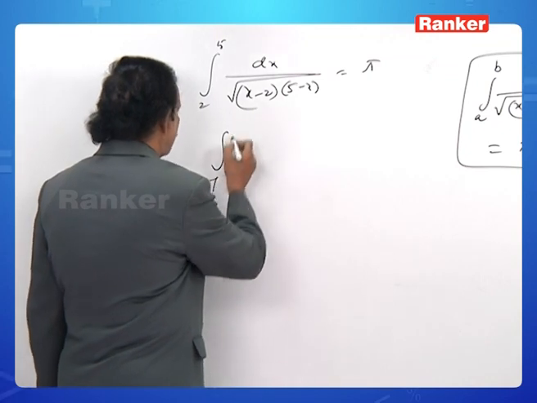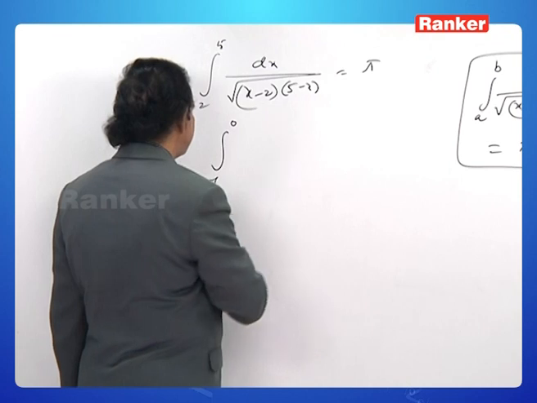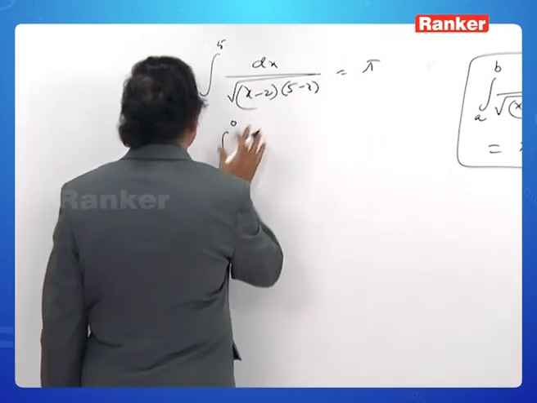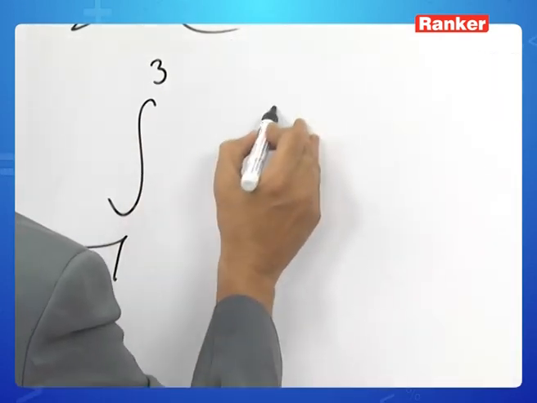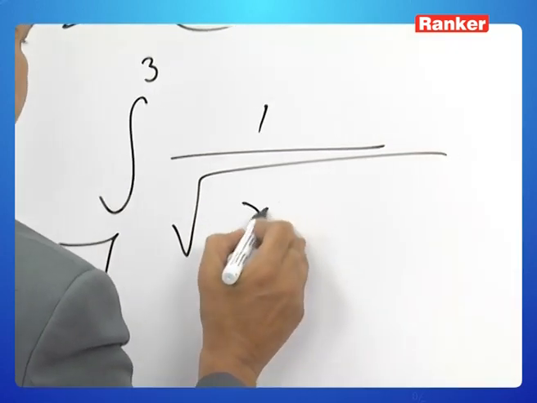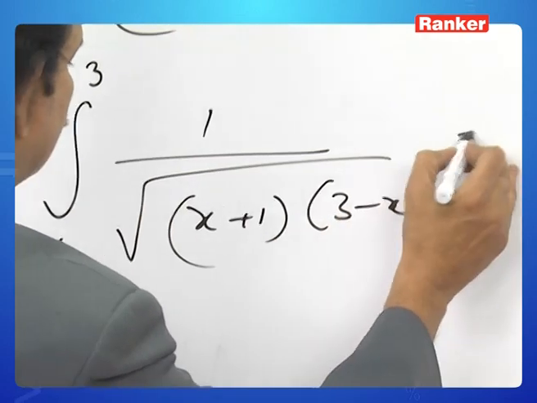One more problem. Integral minus 1 to 3, 1 by root of x plus 1 into 3 minus x. What is that?